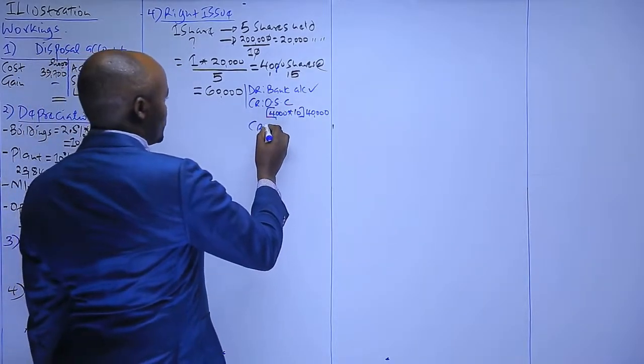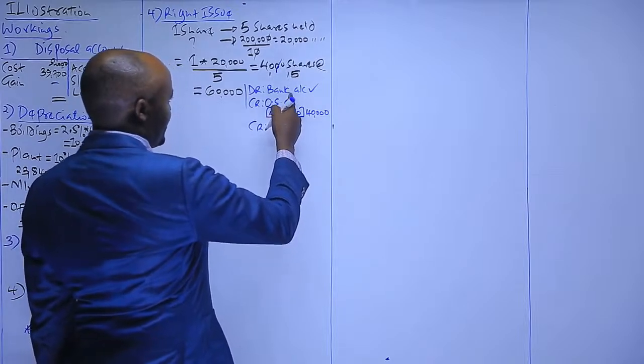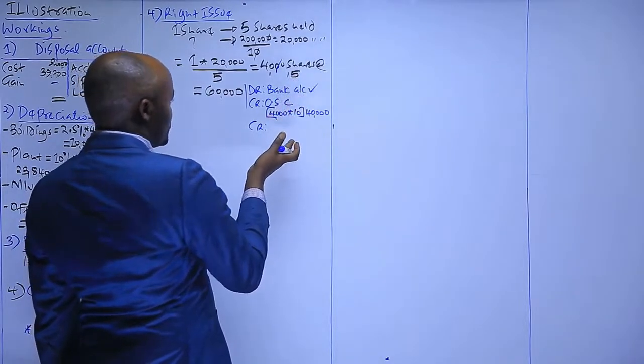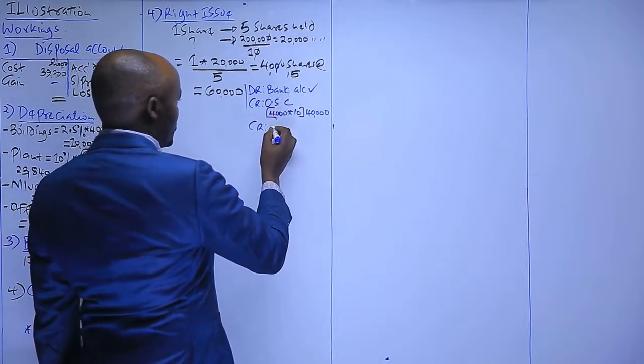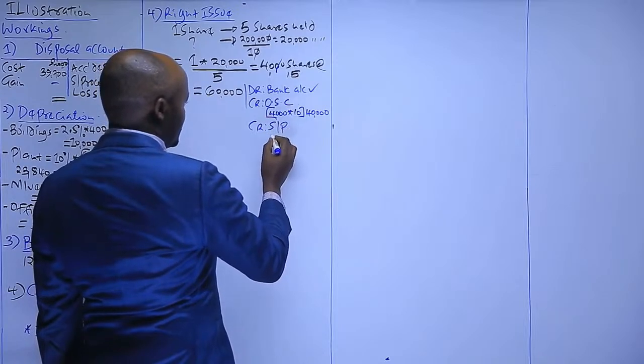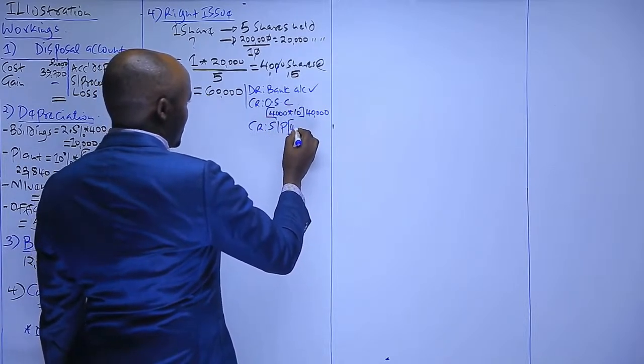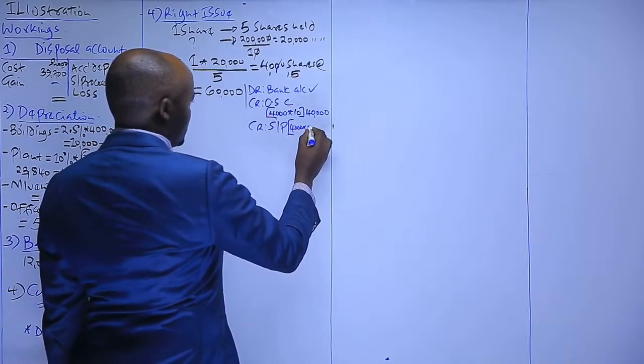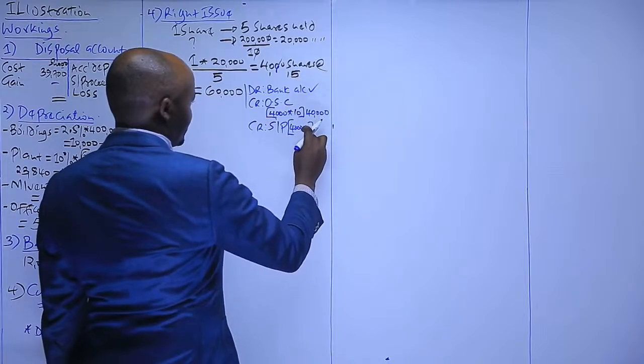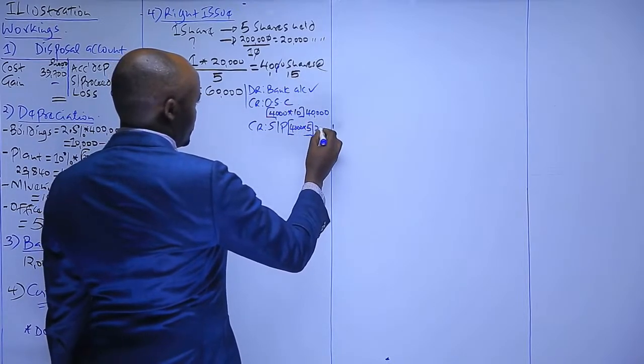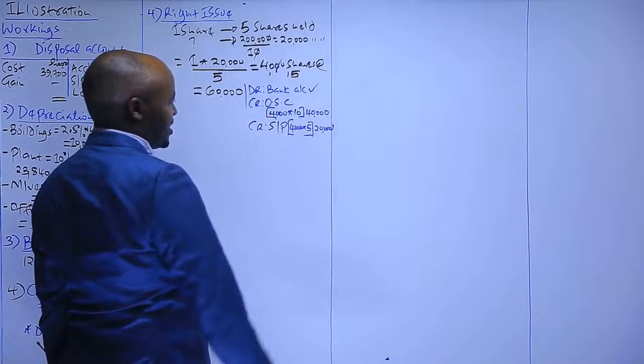And then the amount which is above 10 shillings, you remember the shares were issued at 15, is a premium. So that would be credited in the share premium account. The shares issued, 4,000 times 5, so the total, which is 20,000, is a share premium.